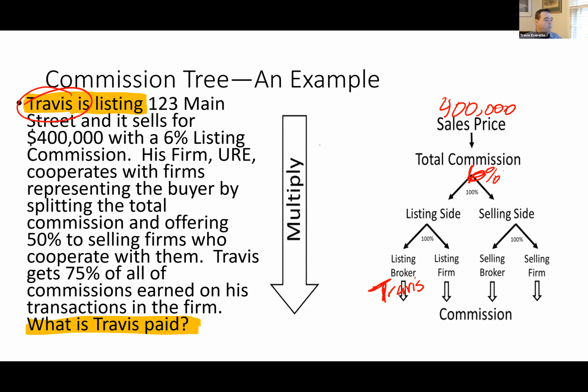Nothing different than we've done before. His firm, Travis's firm, URE. So they must be the listing firm. Let me go ahead and put them in here. URE. They are the listing firm. Just in case I need to know that, I've got it filled in. There they are.